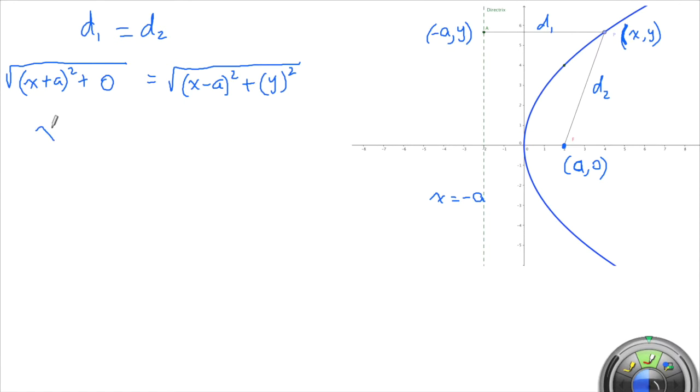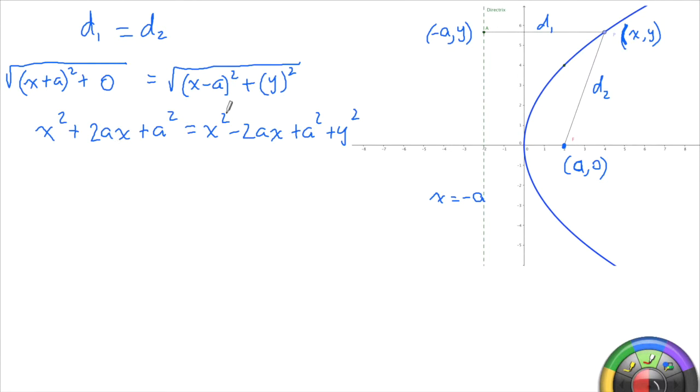Expanding this out, we're going to get x squared plus 2ax plus a squared. On the other side, we're going to get x squared minus 2ax plus a squared plus y squared. And then a few things are going to cancel out.